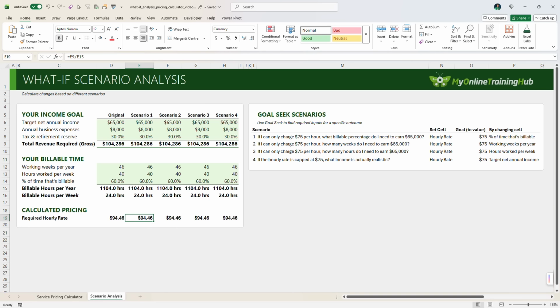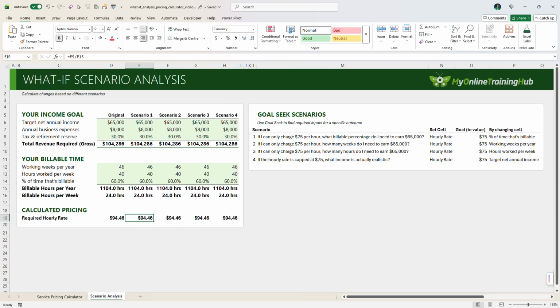Okay, now we've seen the big picture, we can use GoalSeek for a different kind of question. Instead of comparing many scenarios, we can ask Excel to work backwards and find the exact input needed to hit a specific target. Let's say the market won't support the hourly rate our calculator says we need. Maybe similar service providers are charging around $75 an hour, or maybe a client has a fixed budget and that's the highest rate they'll accept.